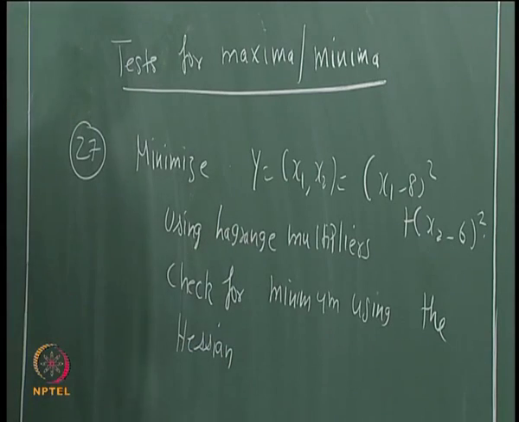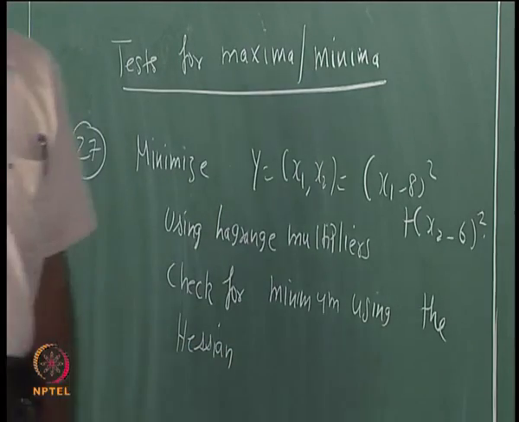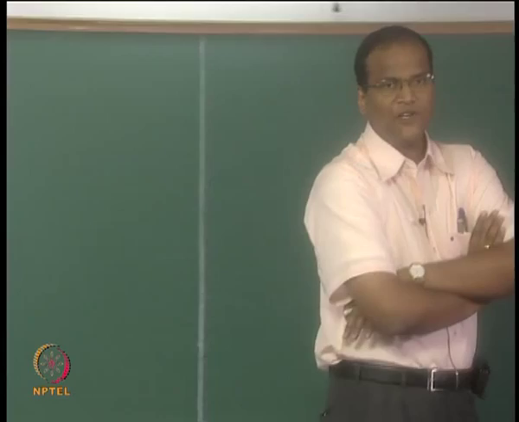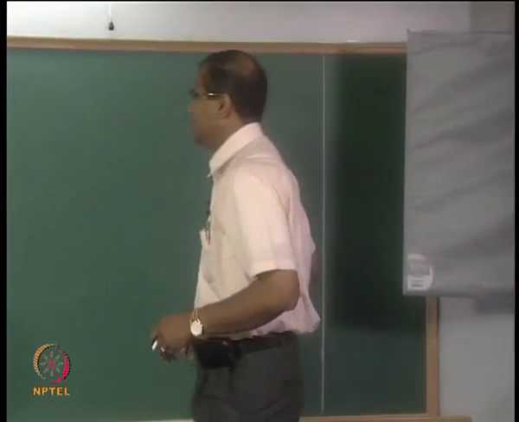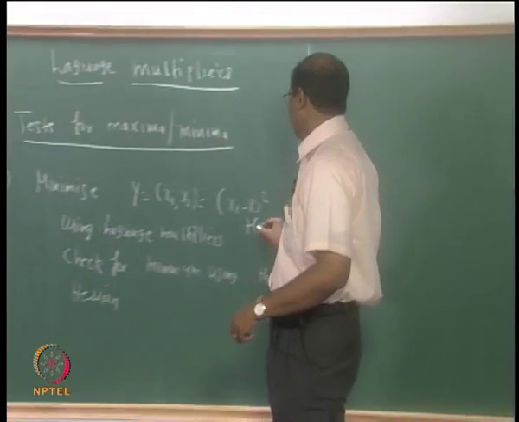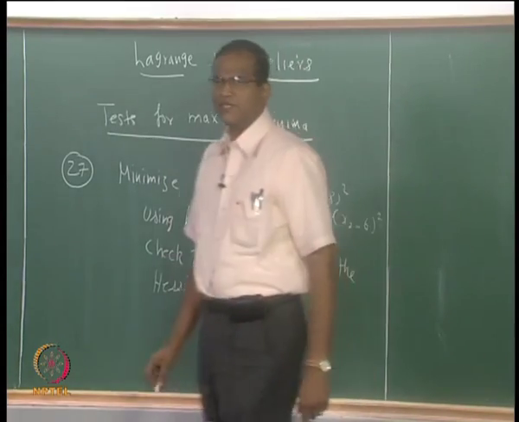Okay, the problem is like this: minimize y, a function of x1 and x2, equal to (x1 minus 8) whole square plus (x2 minus 6) whole square, using Lagrange multipliers. Check for minimum using the Hessian.